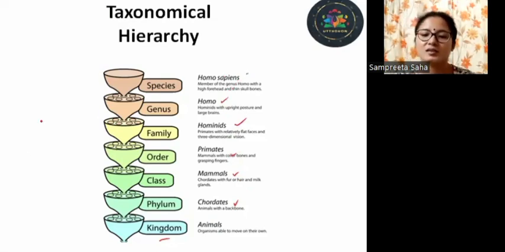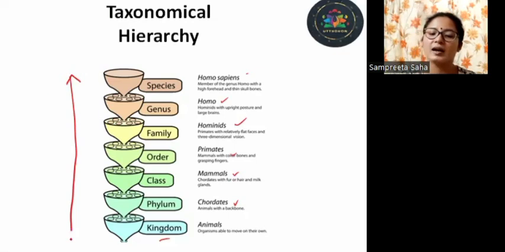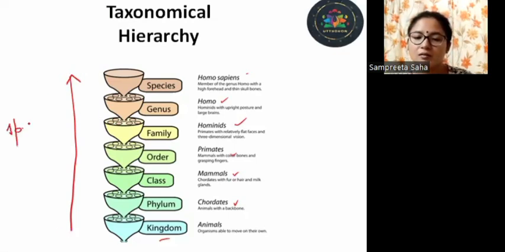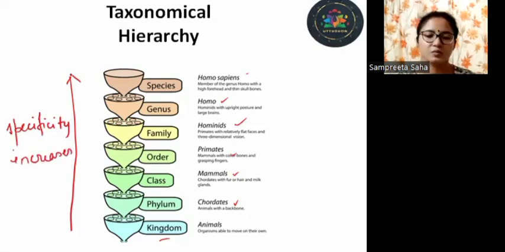Alright, so this is the taxonomic hierarchy, an example that I've taken, of a human being. And you can say that specificity or common characters increases from kingdom to species. Alright.